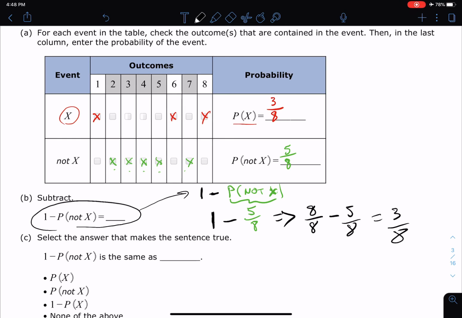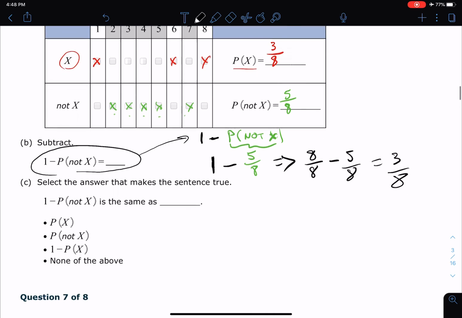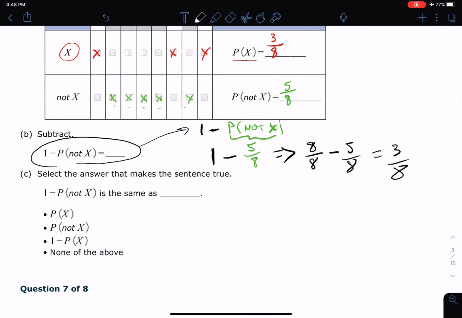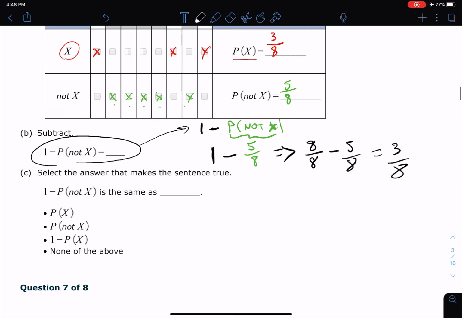Well, that sounds familiar. So now they're going to try to get you to see why that sounds familiar. And here's the statement. Select the answer that makes the statement true. If I take 1 minus p of not x, guess what it's the same as?